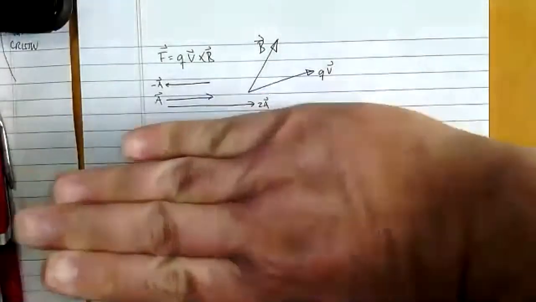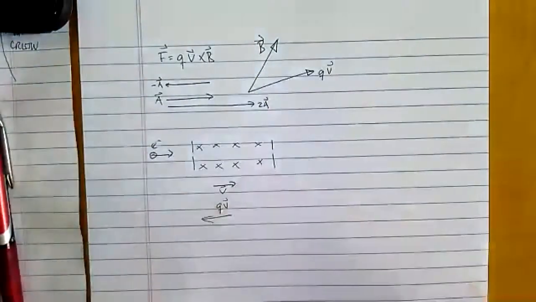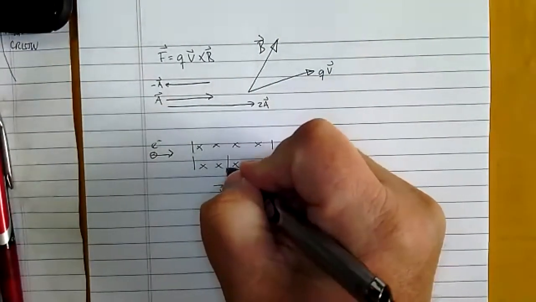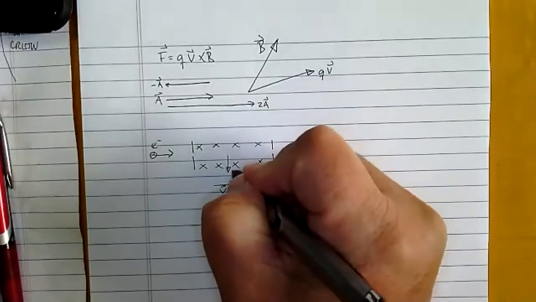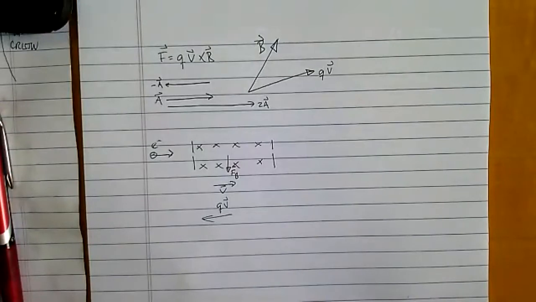So QV points that way, and the field vectors are pointing down into the page, so I go QV, and you see my hand points, my thumb points to the downward direction. So the force due to magnetism would actually be in the downward direction. So this is the F due to B, which I'll call F sub B.